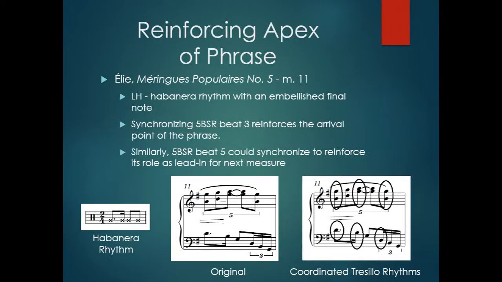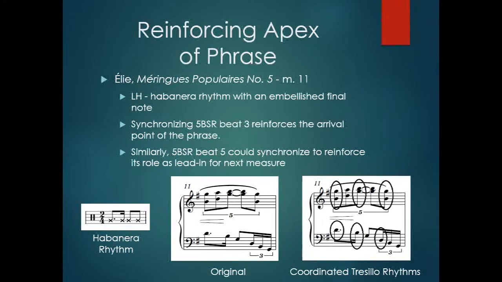In this example, the apex of the phrase, the arrival point, the high point of the phrase, occurs in the middle of the measure, actually just before, with that second beat of Tresillo, or 5-beat syncopated rhythm number 3. And you'll see that these beats align.